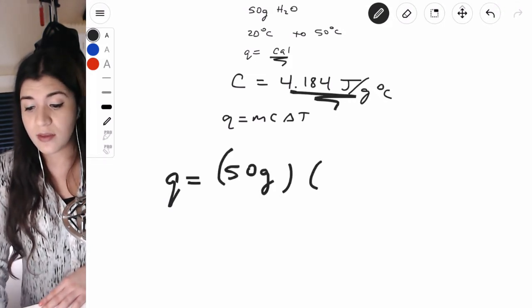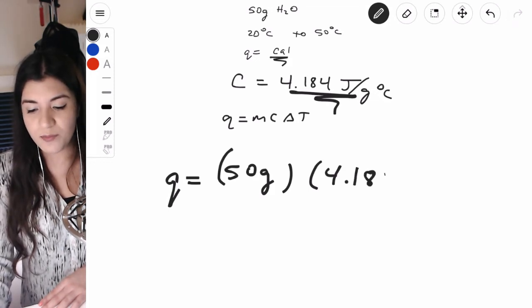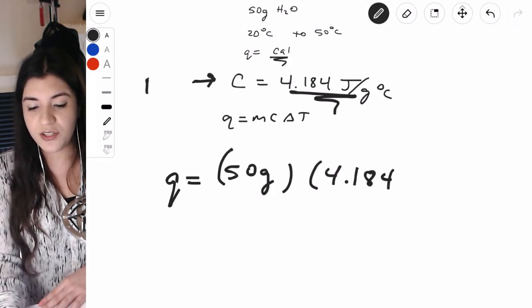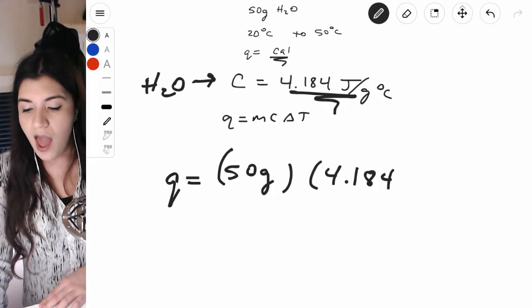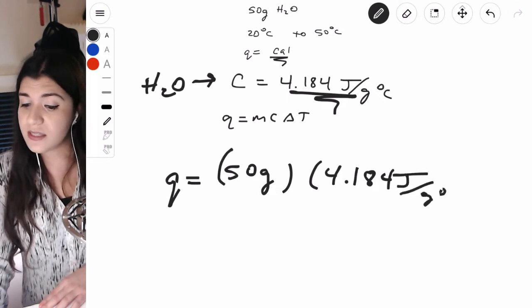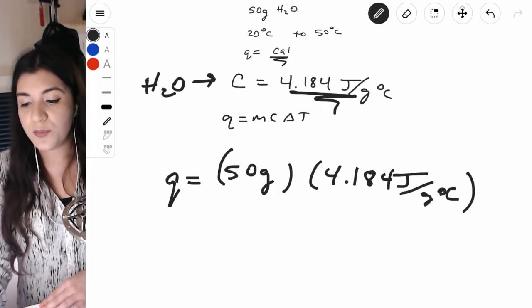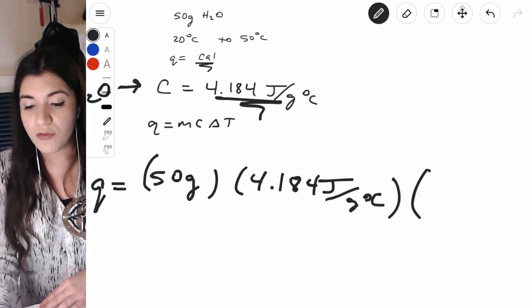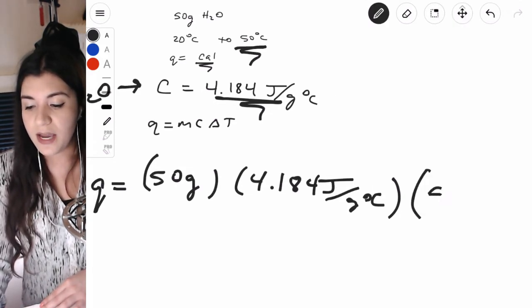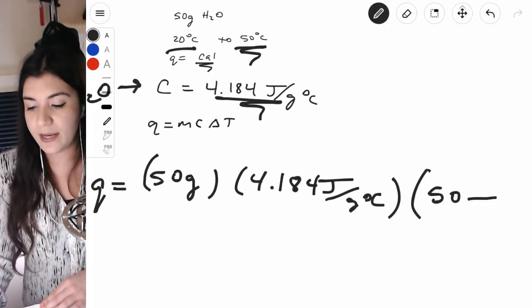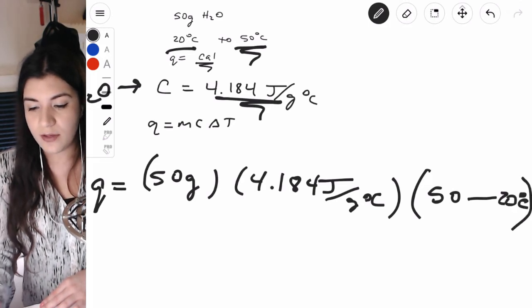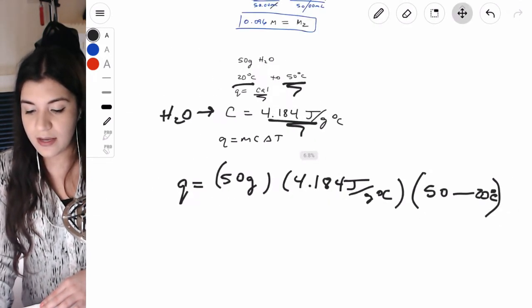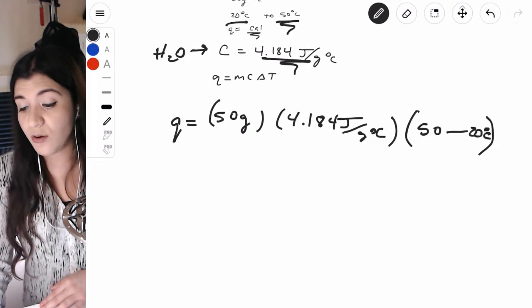Our specific heat capacity is one that we had to know, for H2O, so definitely know that one, and it's joules per gram degree Celsius. Our change in temperature is final minus initial, so the final temperature of 50 minus the initial temperature of 20, in degrees Celsius.